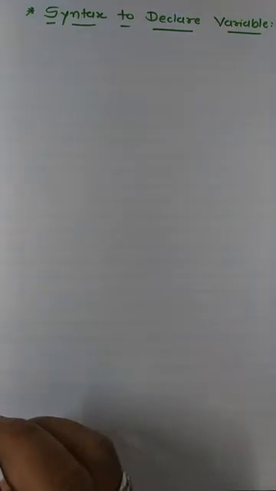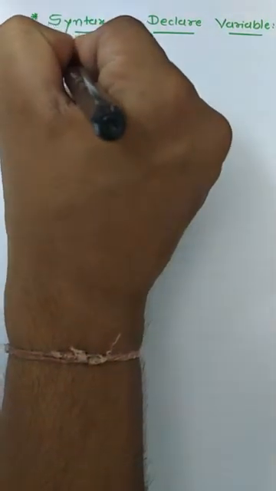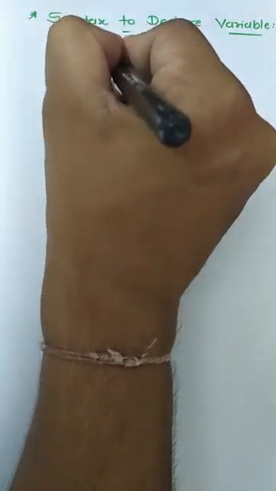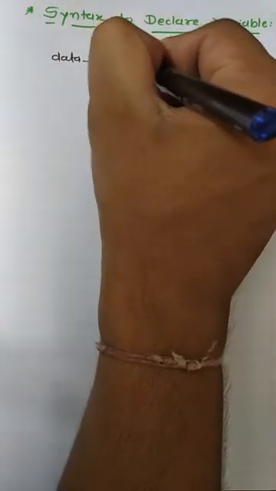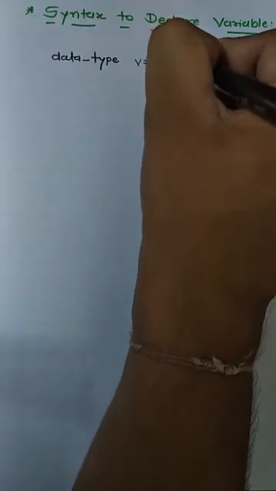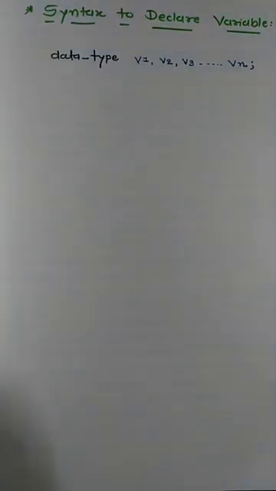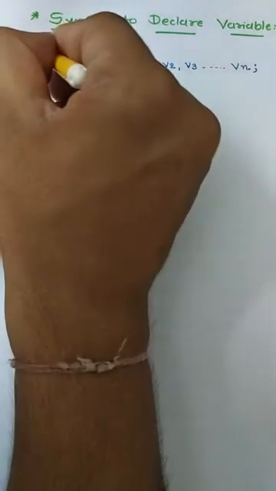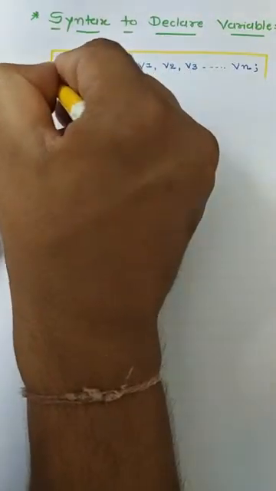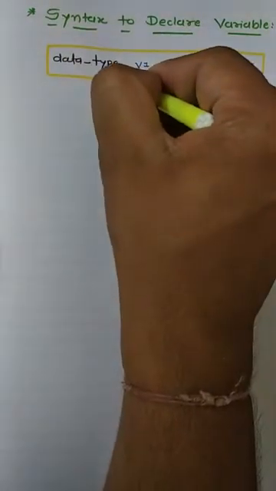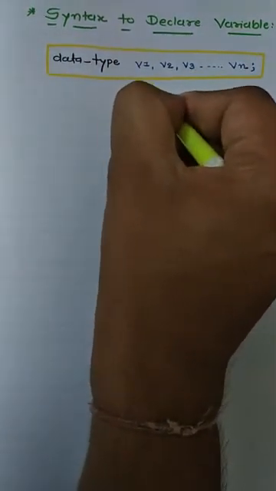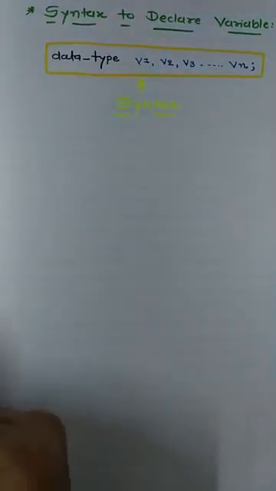Okay, so data type v1, v2, v3 up to vn. So this is the syntax which is used to declare the variable.